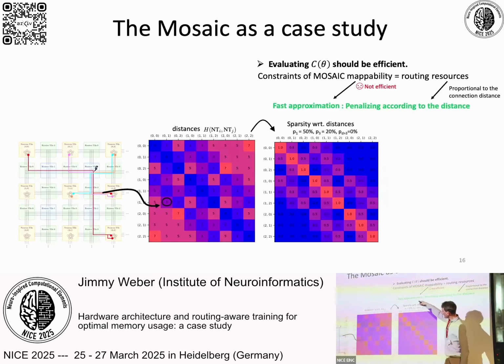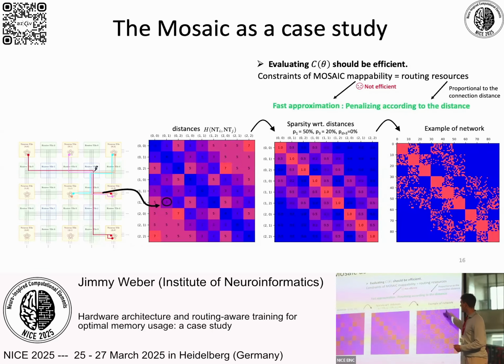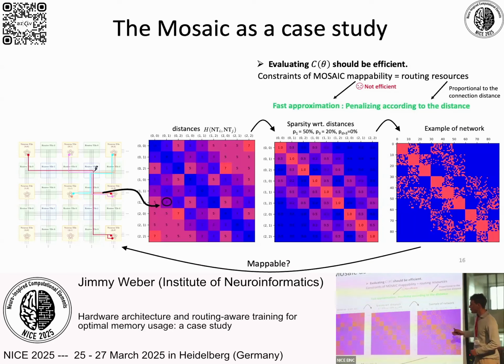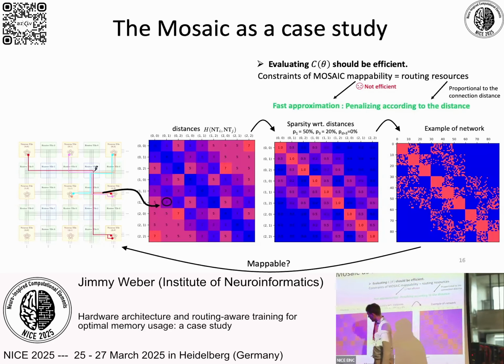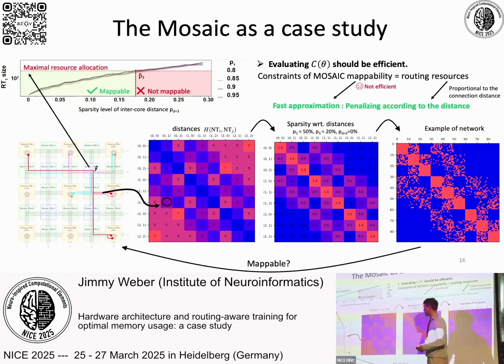Then we have this intercore sparsity profile, and we need to create a neural network out of it. We are questioning ourselves: is the sparsity constraint we're imposing a good approximation of mappability? So I'm just going to rephrase that.